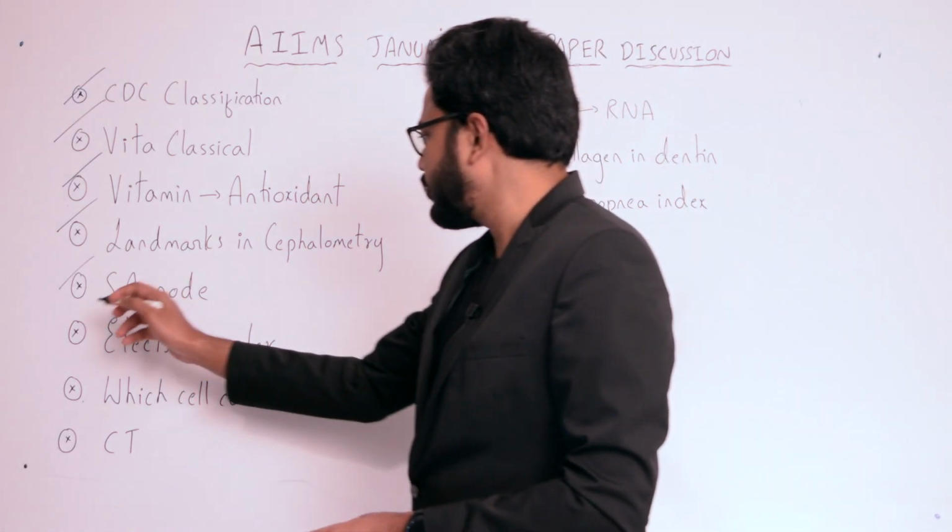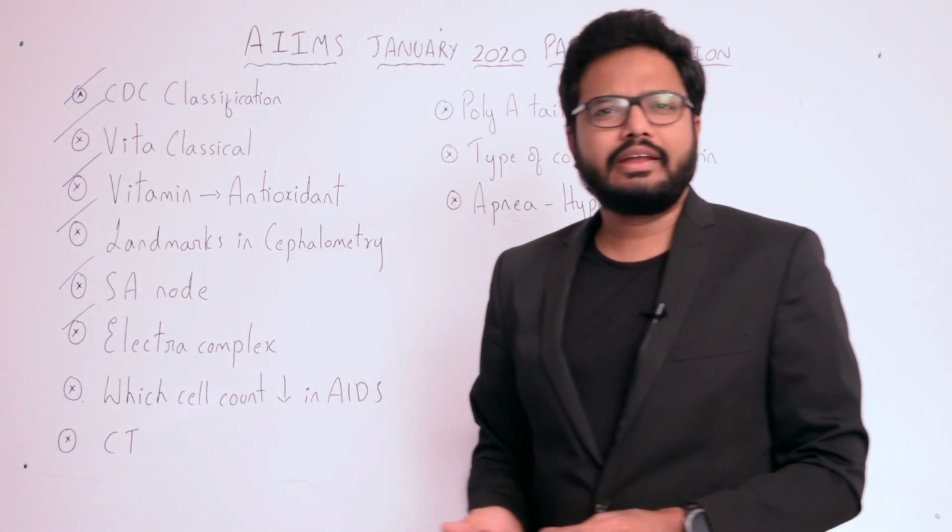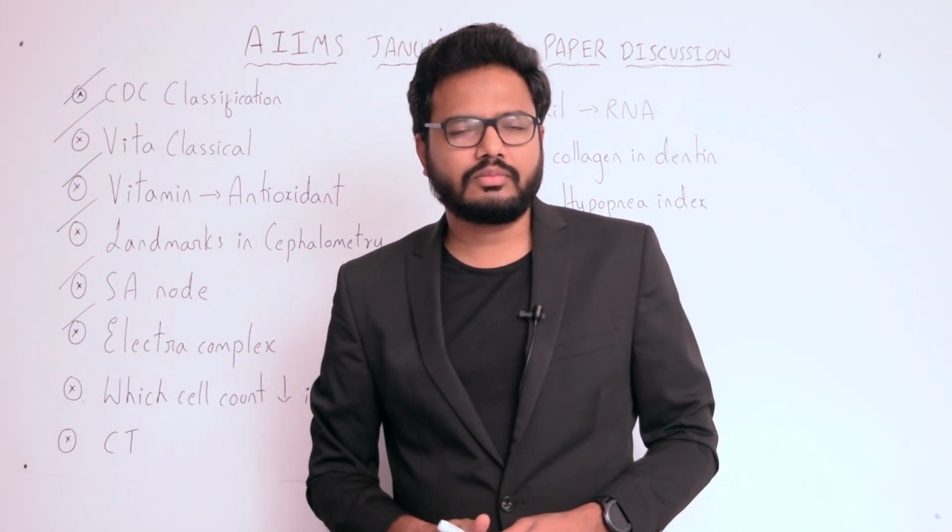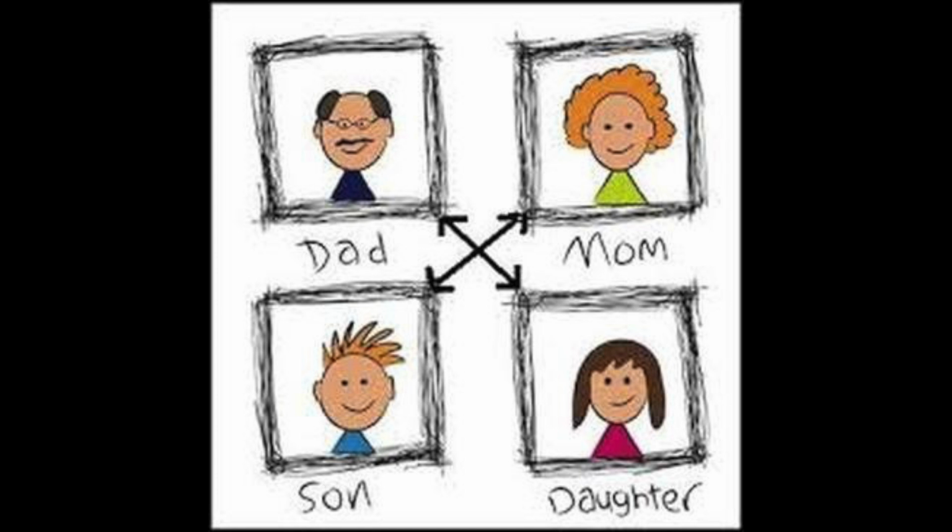Now moving on to the next topic, Electra complex and Oedipus complex. You might have heard of these terms. Electra complex is a psychoanalytic term used to describe a girl's sense of competition with her mother for the affections of her father. It is thought to take place during the phallic stage, between the ages of 3 to 6 in psychosexual development.